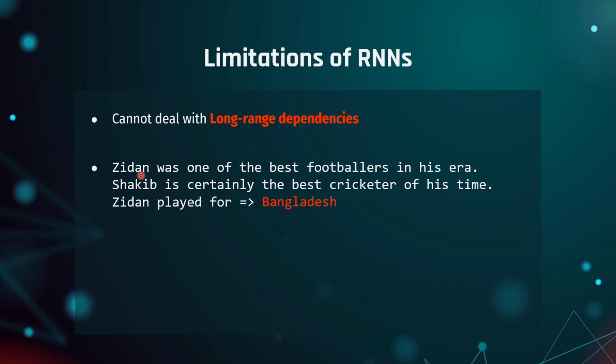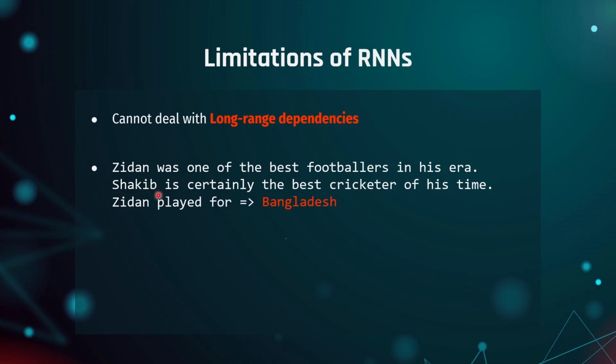First our seq to seq model would process Zidane, it will generate a context, it will forward the context to the next time step, it will then process was, then one of the best, like this. But the thing is, it can only remember previous words up to a certain limit, say maybe 5 recent words, or say 4 or 3, it cannot remember more words than that. For example, when it is processing the word cricketer, it can remember the word Shakib.